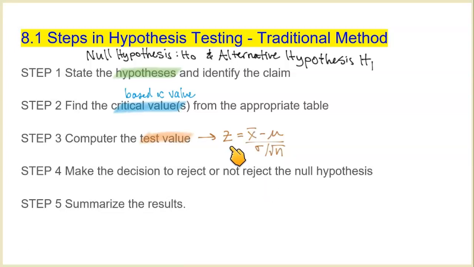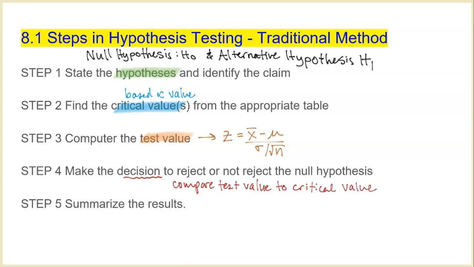And this is the formula that you were introduced to a while back when we did the central limit theorem in Chapter 6, and then again in Chapter 7 when we were doing the confidence intervals. So this formula has stuck around for quite a while now. And then our decision is mainly based on how we compare that test value to the critical value.